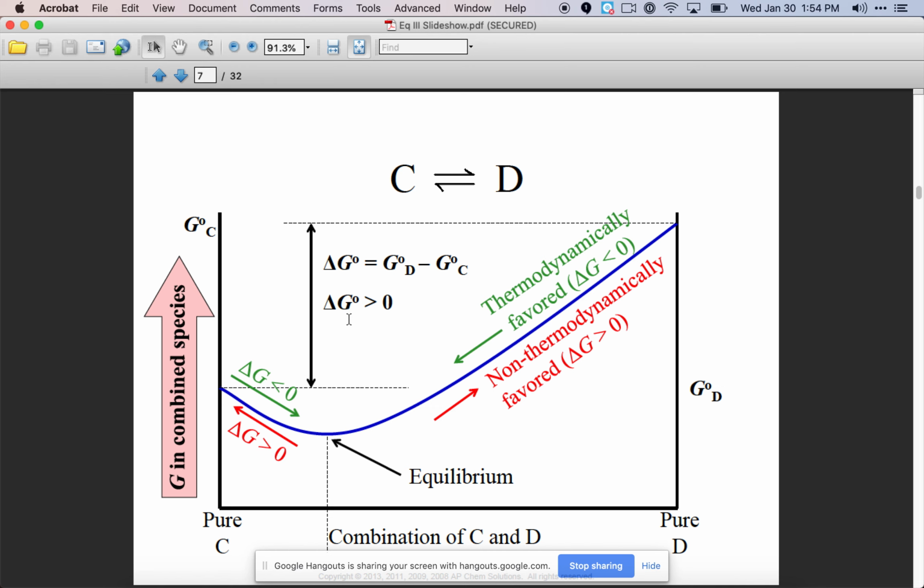a positive delta G that actually is thermodynamically favored. That's all because either the reactant side or the product side ends up going down into the lowest point, which is equilibrium. This is where you could have a positive delta G and it's thermodynamically favored.